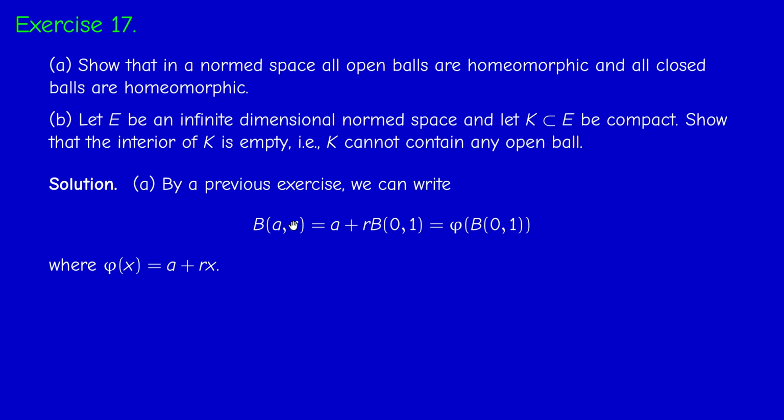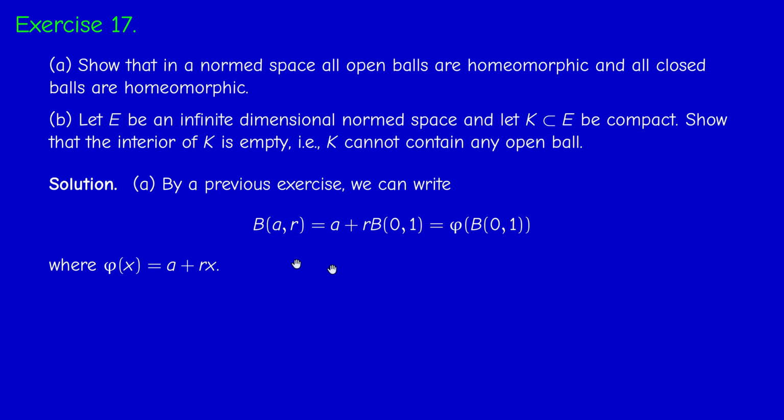So the convention is that whenever we consider radii of balls, they are strictly positive. So this phi is actually a homeomorphism, okay? Because we can find the inverse. Actually, the inverse of phi is, so phi minus 1 of y is (y minus a) over R. Okay, so this ball is homeomorphic to the standard open ball.